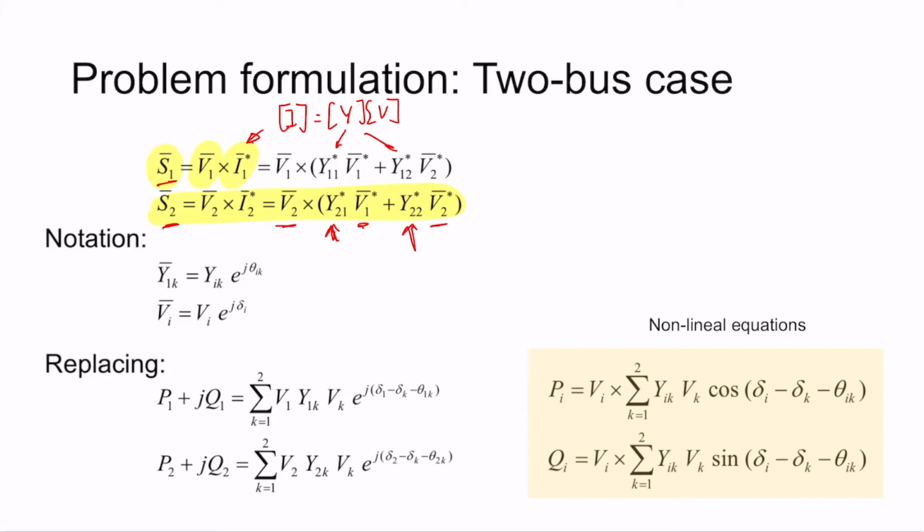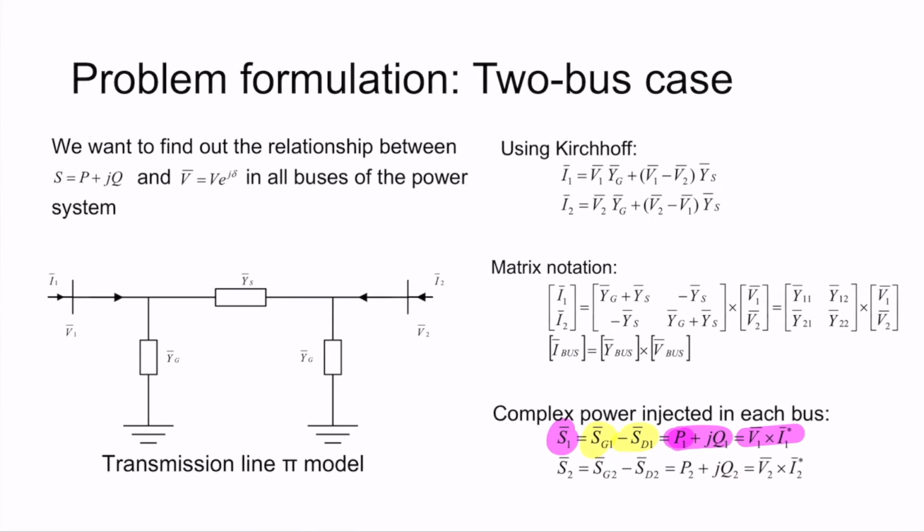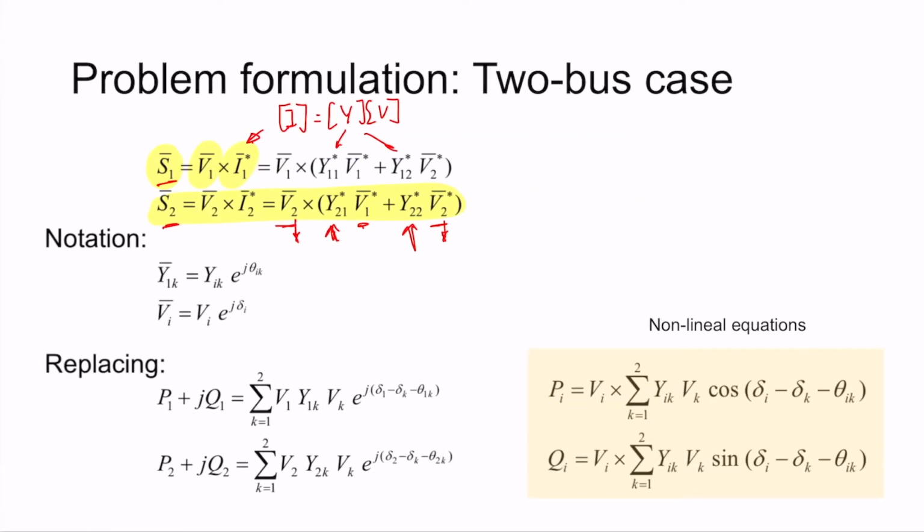What is the meaning of that? If I know what the voltages are, phasor voltages meaning magnitude and phase angle, I will know the power injection at every node. And also, going back, I will know what the currents are at every node, because they only depend on voltages. So voltages will be playing a key role in power systems for understanding what is happening in the power system.